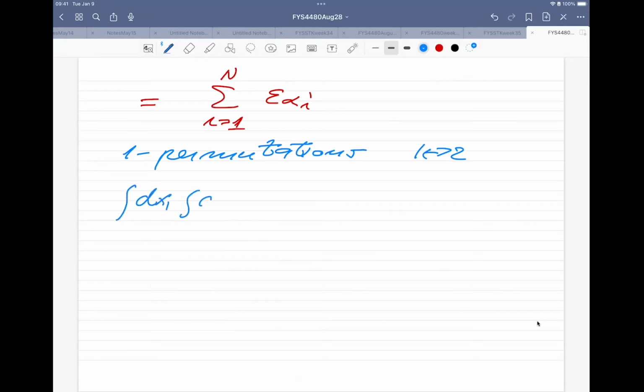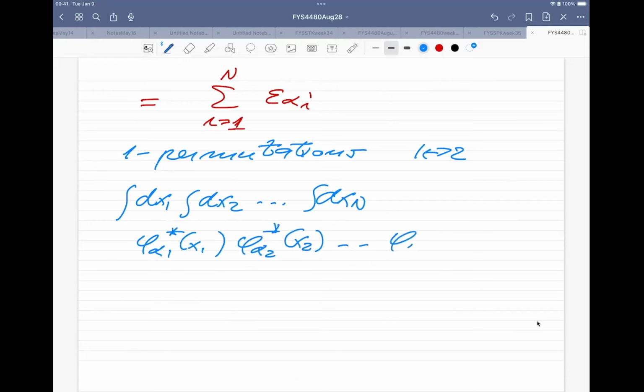Let's just write it down, and then we have dx2, and then we have all the other ones up to dxn. And we have phi alpha 1. So this is left unchanged. Phi alpha 2 of x2 here. And then we have all the other ones up to phi alpha n of xn. And then we have h0 of x1 plus h0 of x2, etc., up to the final value.